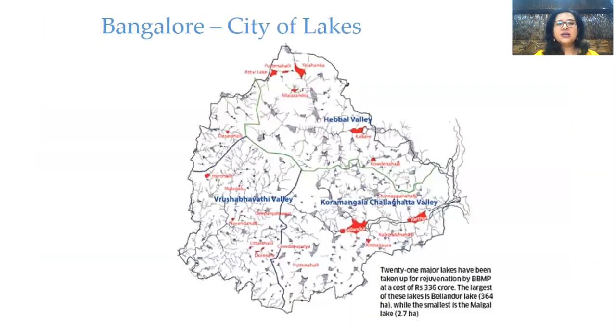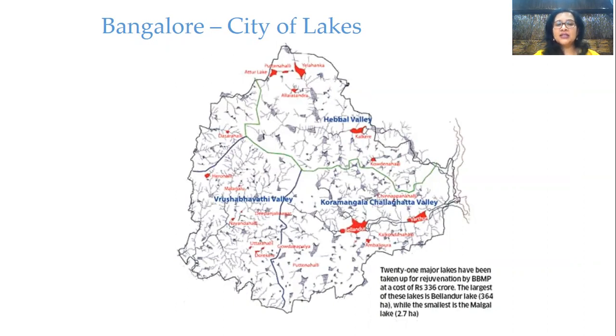Now, again taking the example of Bangalore city, I will be discussing the drawbacks of the conventional methods of monitoring water quality. So this is the map of Bangalore city. It is around 857 square kilometers with 12 million people.